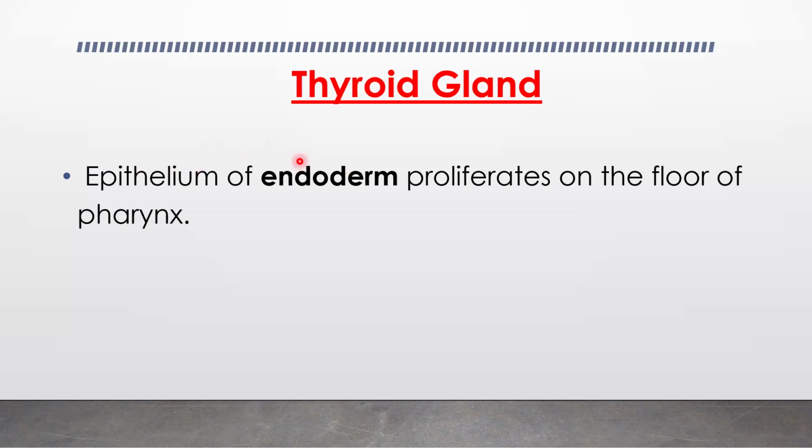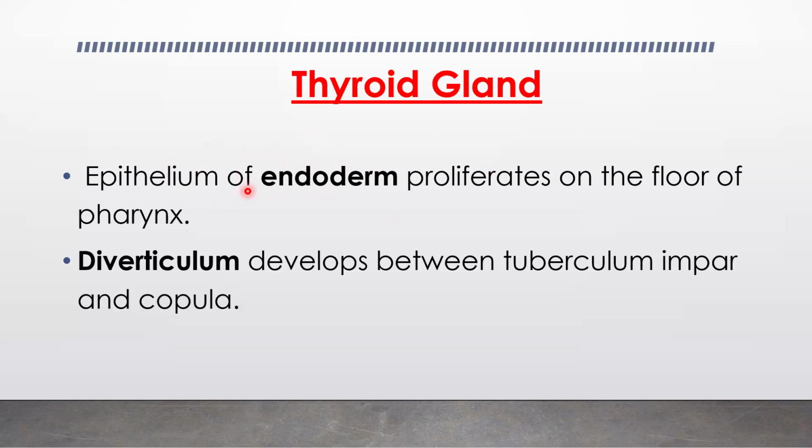What happens is that the epithelium of the endoderm on the floor of the pharynx, the floor of the stomodeum, will proliferate, and with the proliferation, it develops downwards to form a diverticulum. That diverticulum develops downwards between the developing tuberculum impar and the copula.